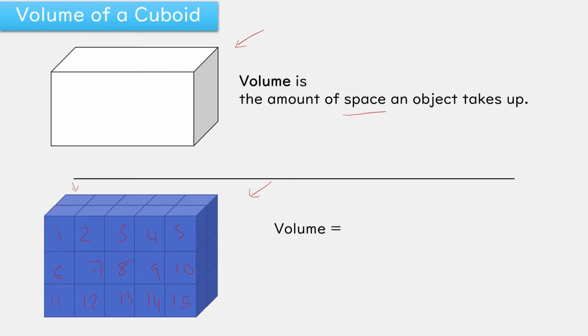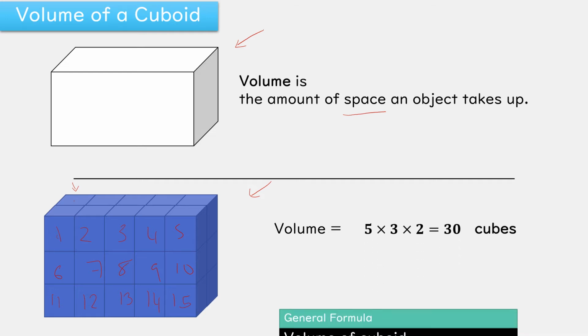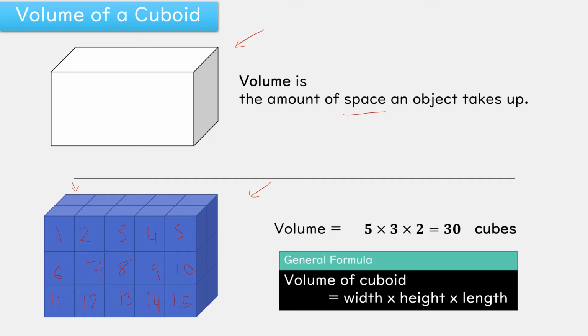But that would take a long time to keep adding up all the cubes. So we want a formula to be able to work out the volume. If I had continued adding all of those up, I would have got 30 cubes. But we don't want to waste time adding all those up, so let's use that formula. The volume of a cuboid equals the width times height times the length.